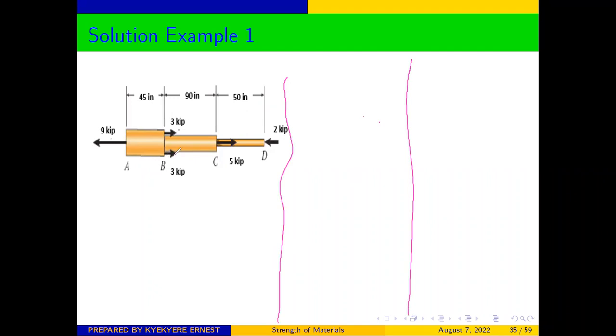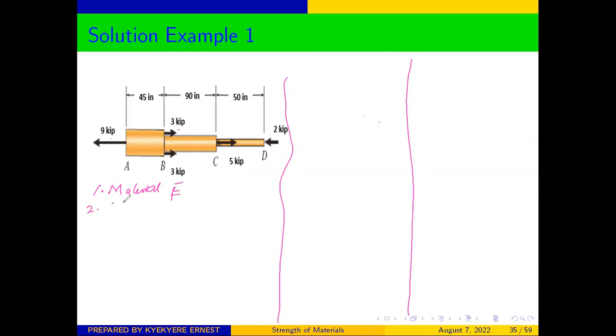Anytime you are given a question on complex axial loads, what you do is divide it into sections. Number 1, using material properties, which is related to the modulus of elasticity.